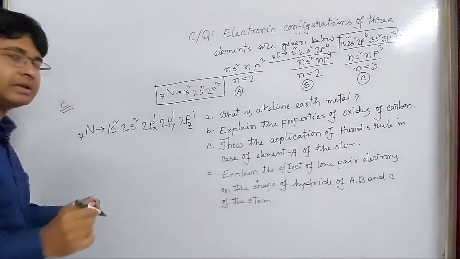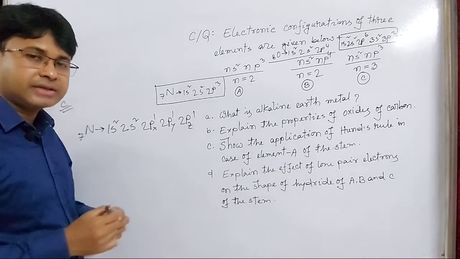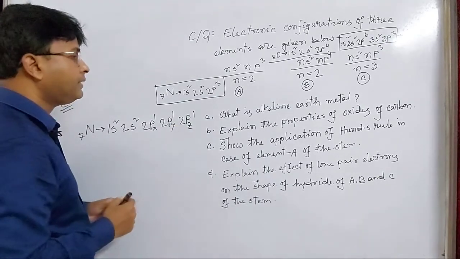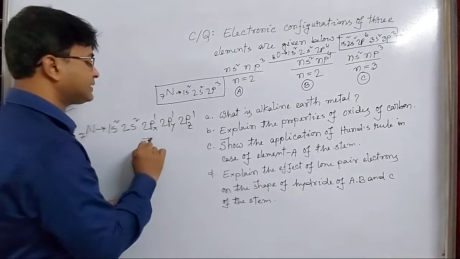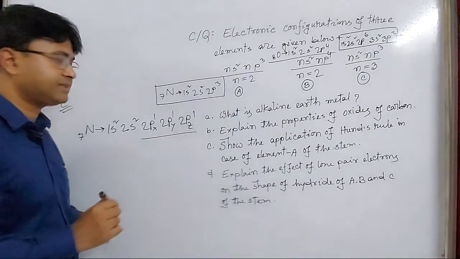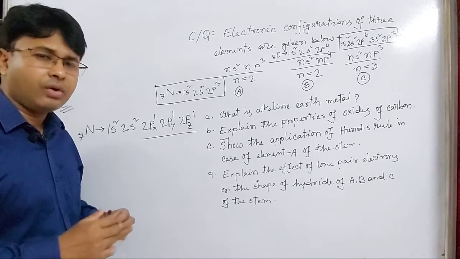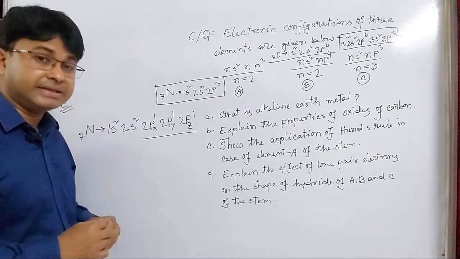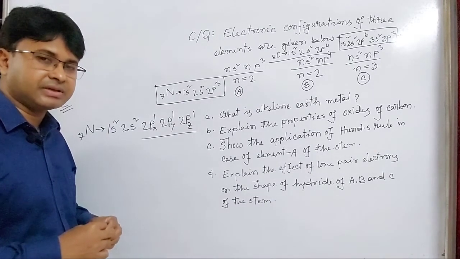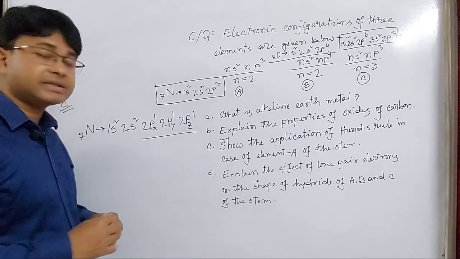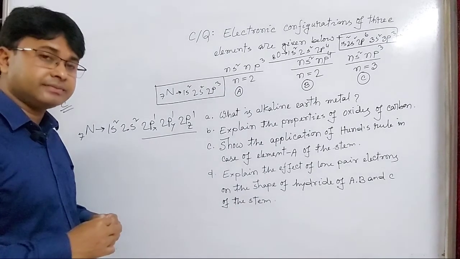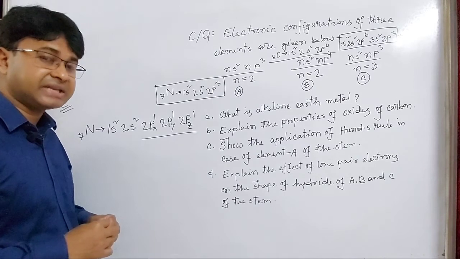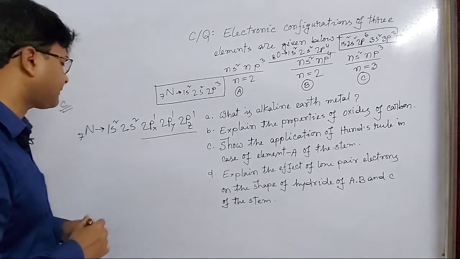Dear students, you know that p orbital contains 3 subshells and they are px, py and pz, and all those orbitals are degenerate orbitals. I mean their energies are equal, that's why they are known as degenerate orbitals.